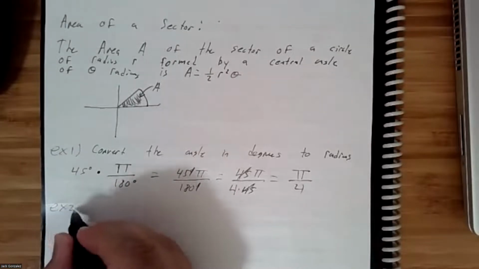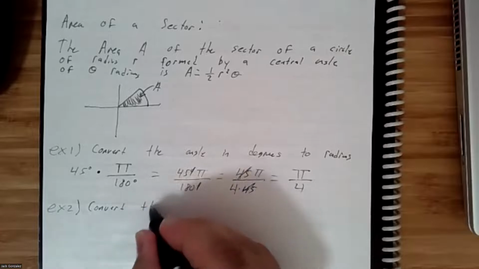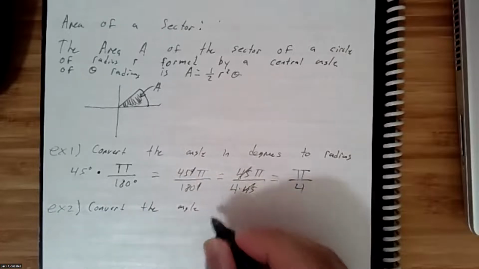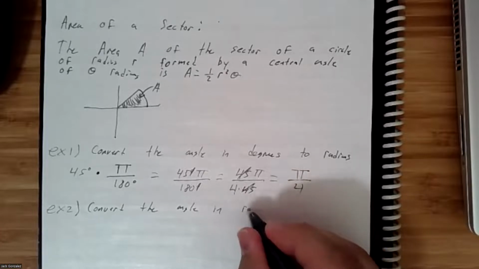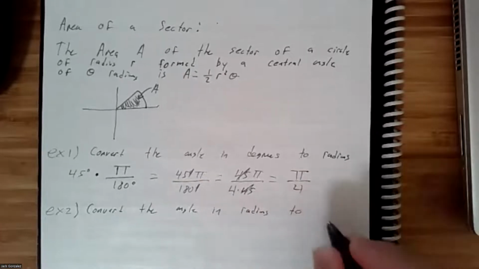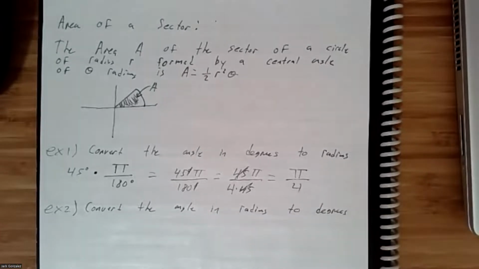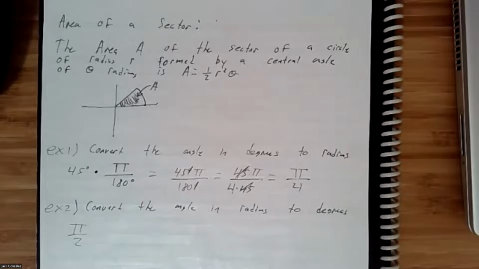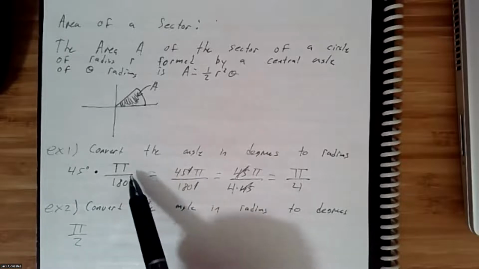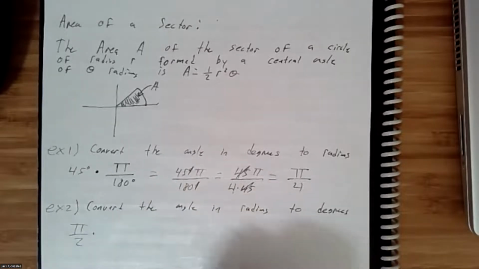Okay. Example 2. There's no rush, so just let me know if you need to slow down. Convert the angle in radians to degrees. So let's go the other direction. They give us pi over 2. So multiply by the reciprocal, because I want to cancel the pi and get to degrees.